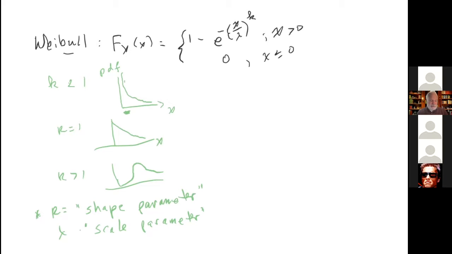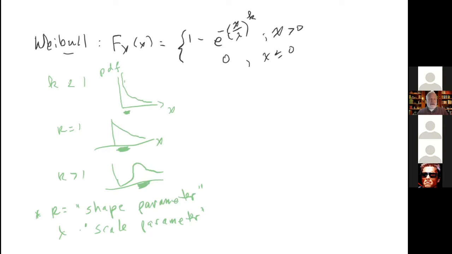In the exponential, it's similar, where most of the variates are down toward the origin. But once k gets bigger than 1, the majority of the probability is in this hump here. It can look kind of normal-like, or it can be skewed. It all depends.